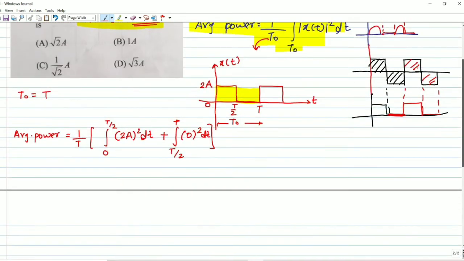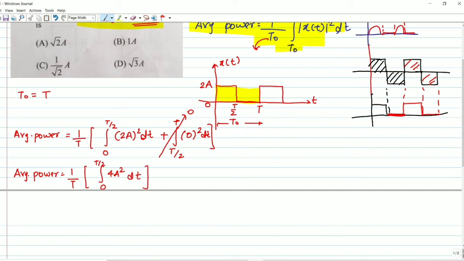Average power will be nothing but 1 by T. 2a squared will be 4a squared. Which part will be 0? This part, because we have multiplied with 0. Here the lower limit will be 0 and the upper limit will be T by 2, dt.